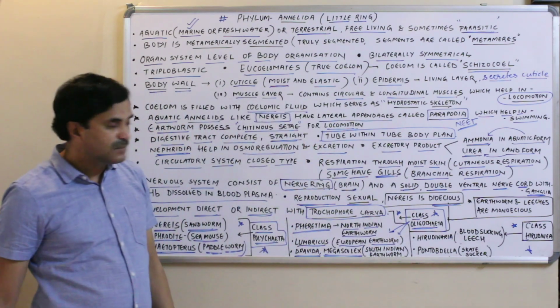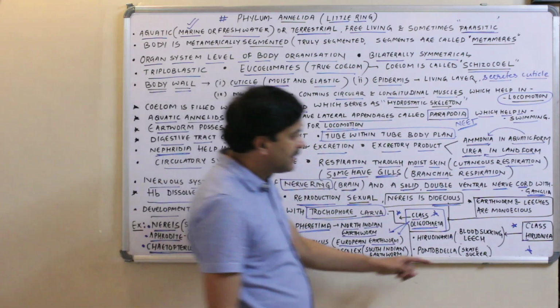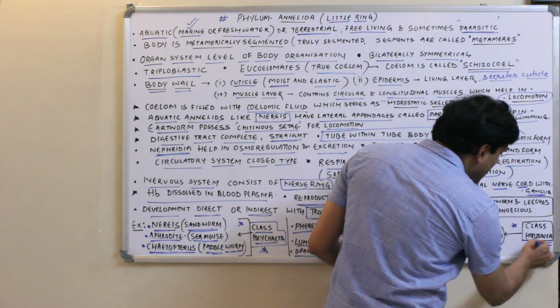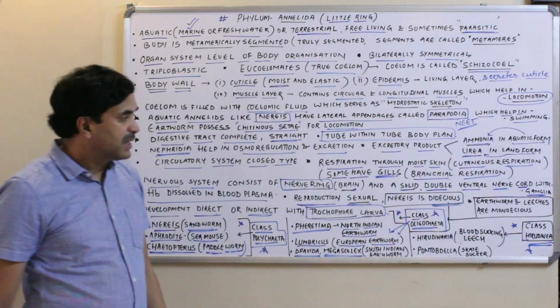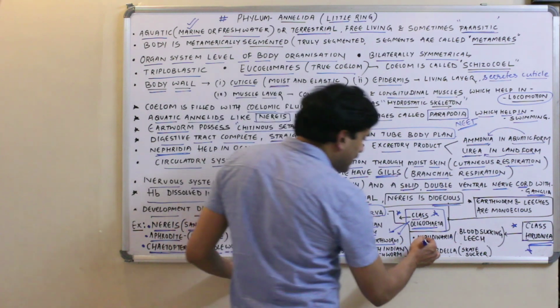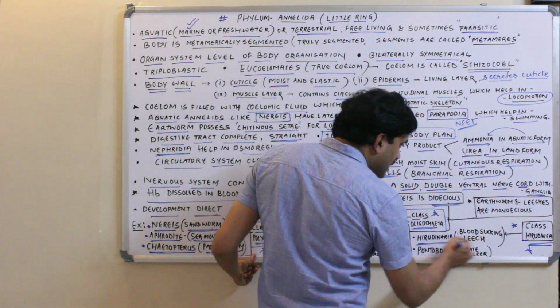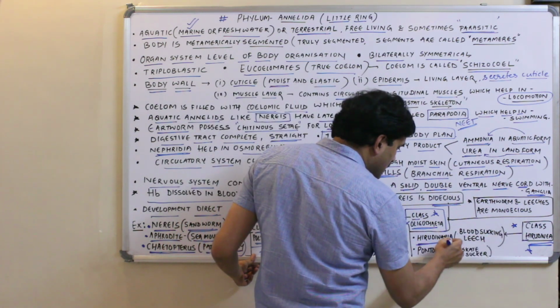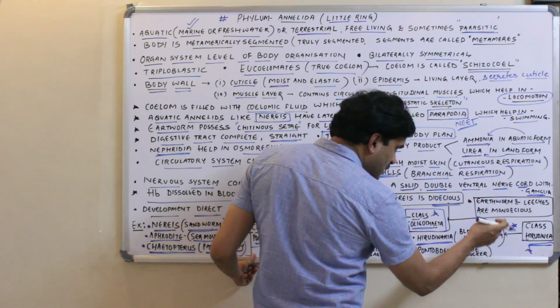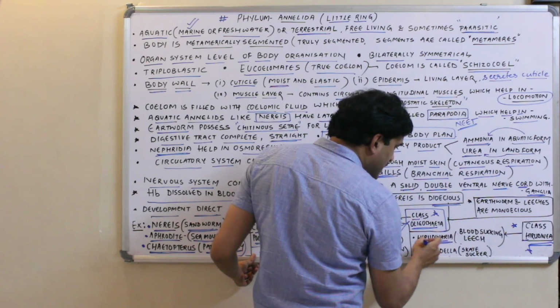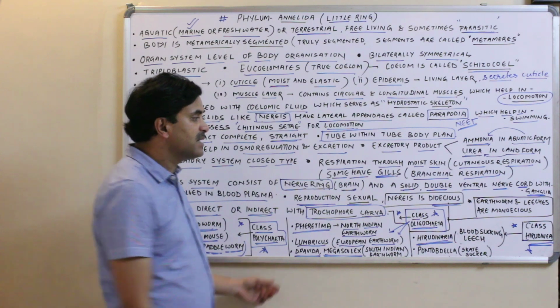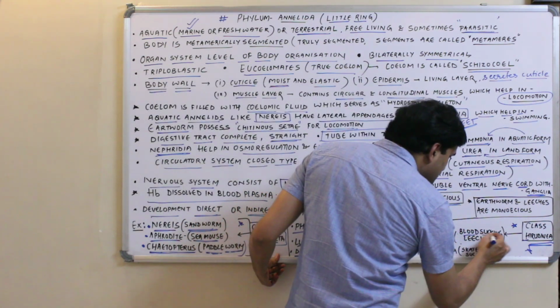Are you getting it? Now coming to the third class, class Hirudinea. Its members include Hirudinaria, which is also called the blood-sucking leech.